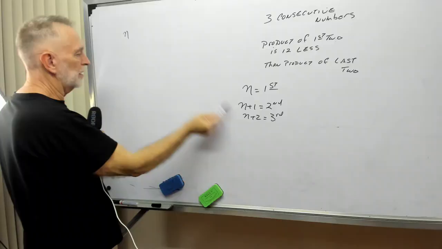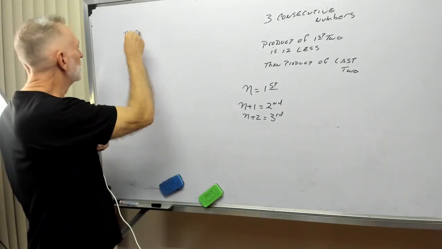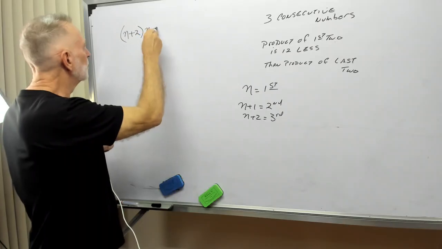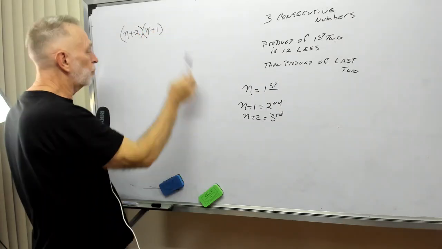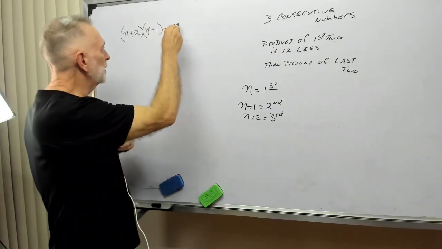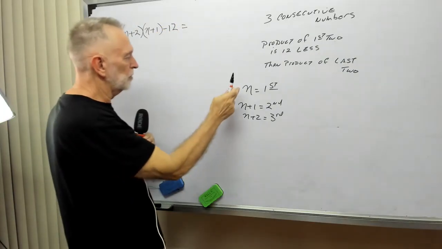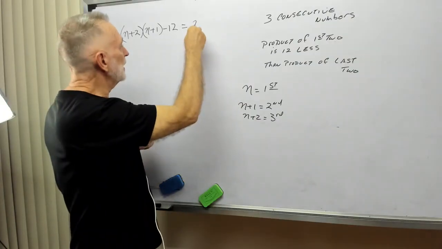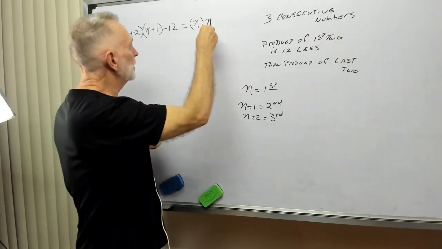So I have n plus 2 times n plus 1, and it's 12 greater than this other. So I'm going to subtract 12 from it, and that should equal the product of the first 2, which is n times n plus 1.